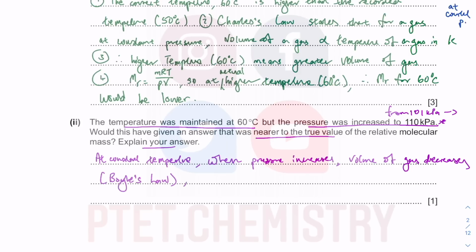Or you can say PV equals constant for gas at constant temperature. So what do we know so far? When your pressure is increased, your volume of gas will actually decrease. Okay, your volume of gas will actually decrease. So volume of gas decrease would be the opposite of that, and that would mean the MR would be higher.